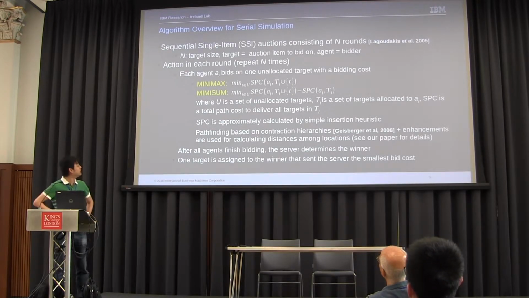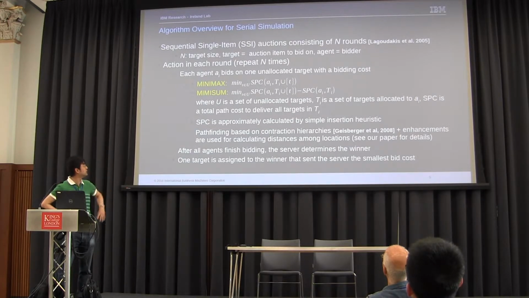And what we do here is that in each round, basically each agent calculates the bid cost to bid on an unallocated target.